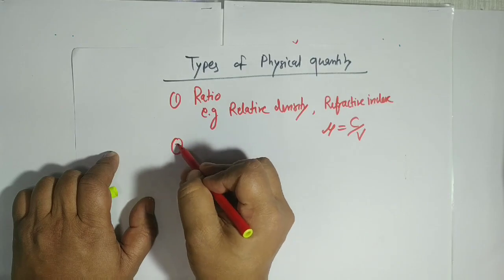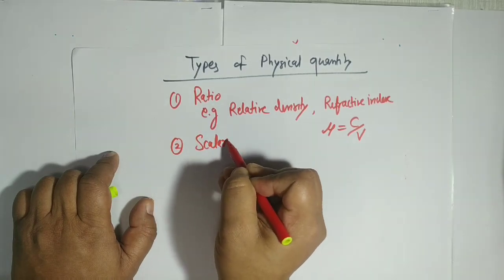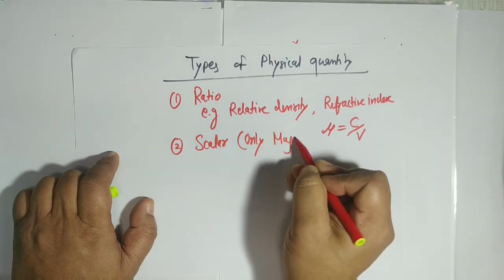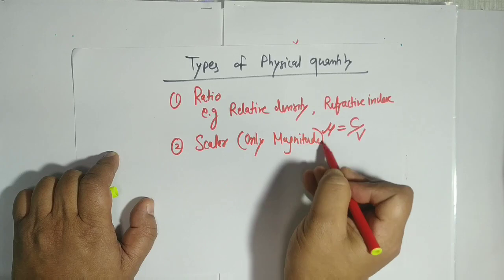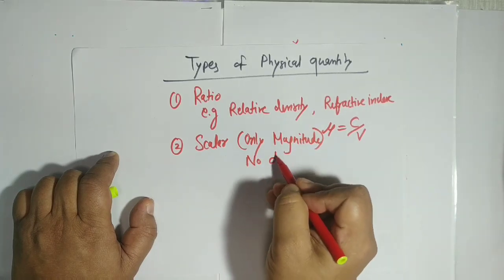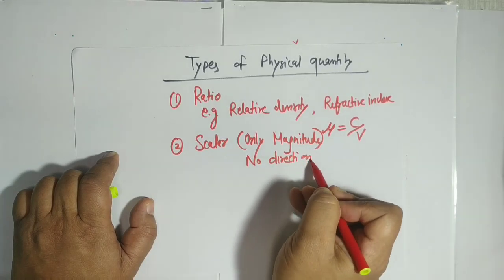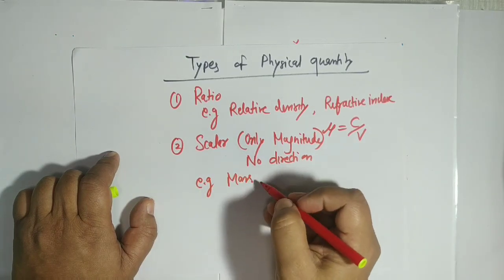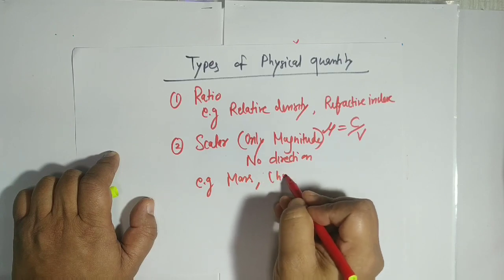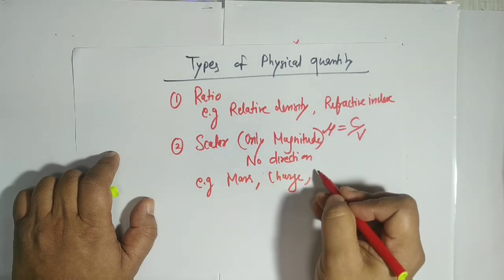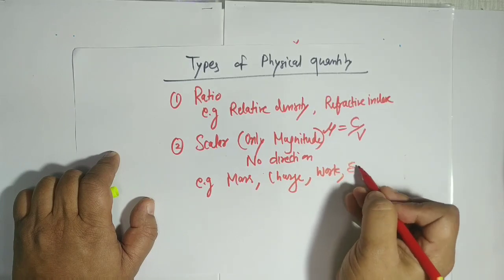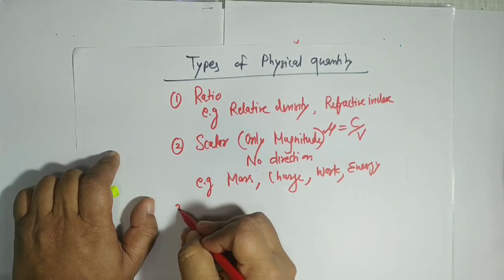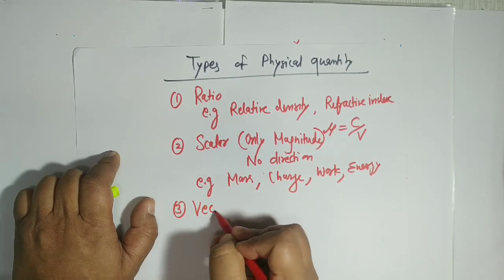Then second is scalar quantities. Scalar means only magnitude, no direction. So scalar quantities are those with only magnitude. For example, mass has only magnitude. Charge, work, energy, all are scalar because they don't have a direction. And the third one is vector.